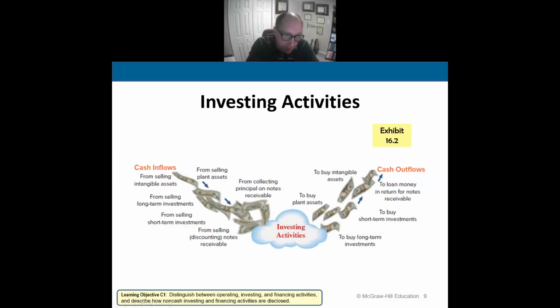Investing activities. This is the purchase or sale of property, plant, and equipment. On the cash inflow side, we sold an asset. We sold a building. We sold an intangible asset like a patent or something. Maybe we're receiving cash from the sale of a short-term investment.